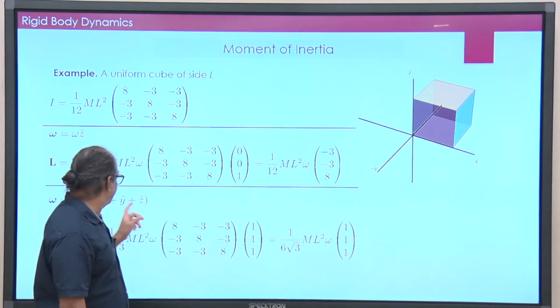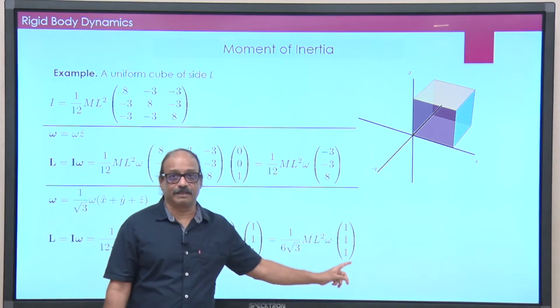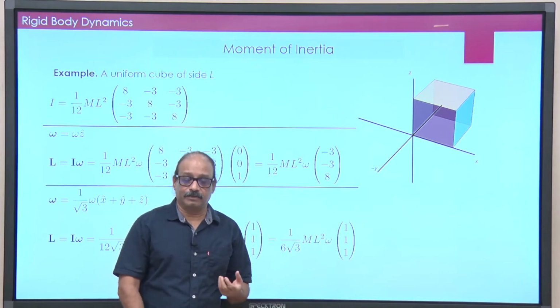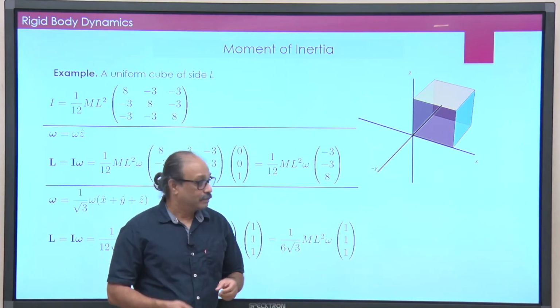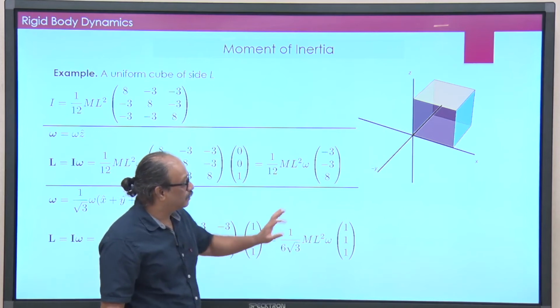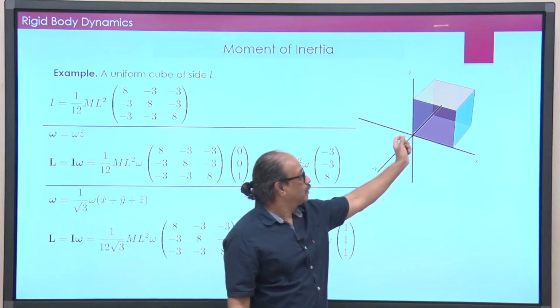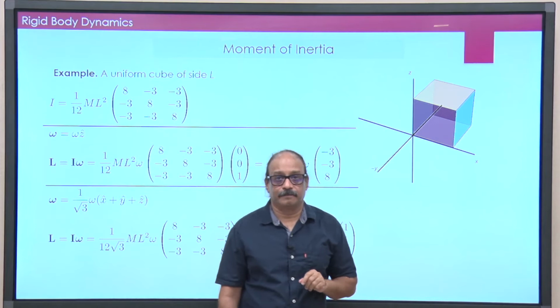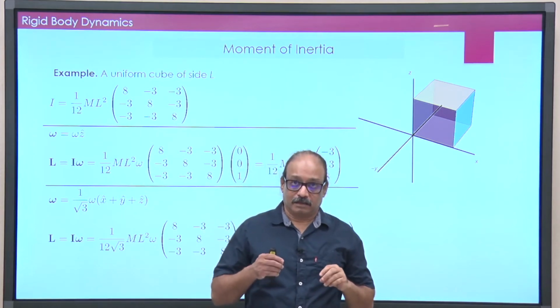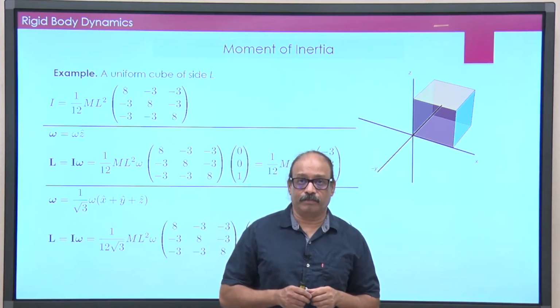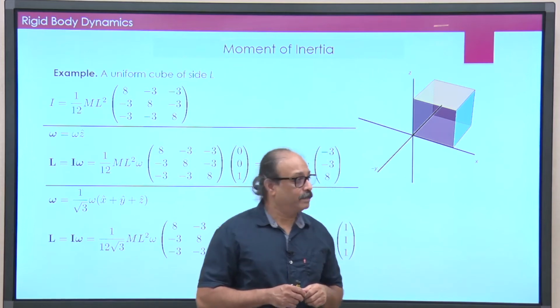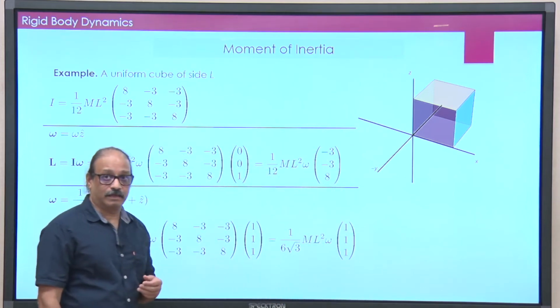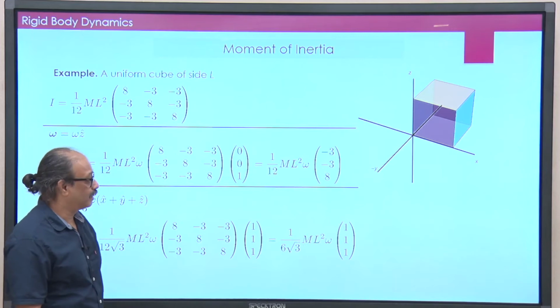It is exactly the same as x cap plus y cap plus z cap. It has a different magnitude, but it is parallel to omega. So, if I choose an axis which is along the body diagonal, then the L vector will remain parallel to omega vector. Okay. It turns out, I will give you this result beforehand, but we will calculate this later.